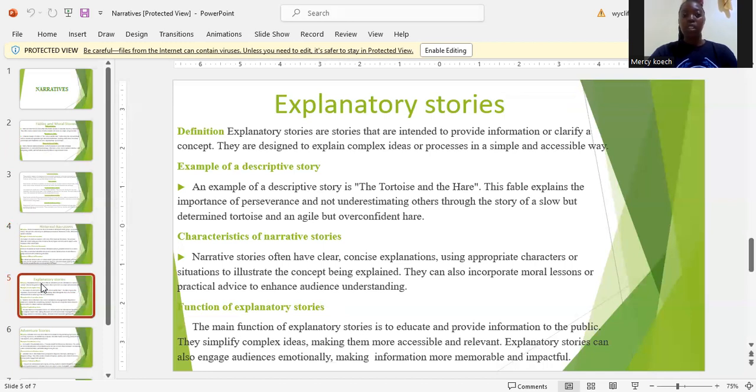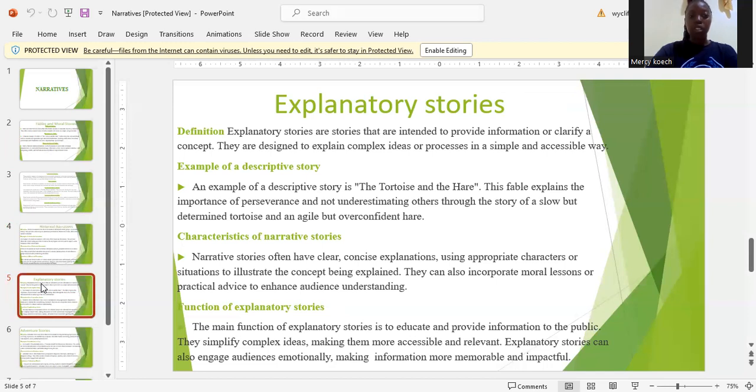Characteristics of explanatory stories. Explanatory stories often have clear, concise explanations, using appropriate characters or situations to illustrate the concept being explained. They can also incorporate moral lessons or practical advice to enhance audience understanding. Functions of explanatory stories.